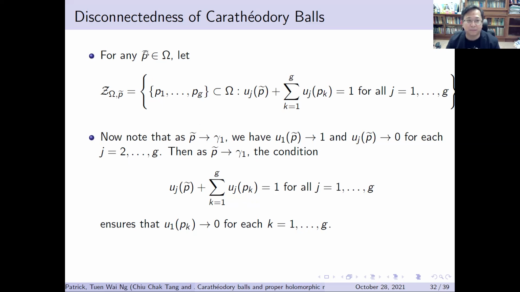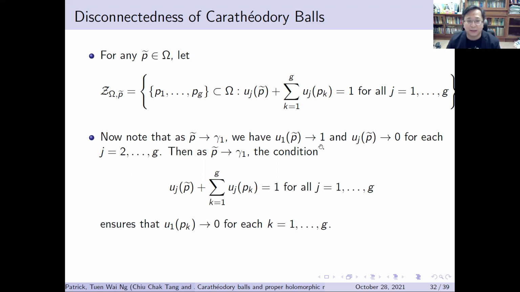If you let this p tilde tend to gamma 1, one of the interior circles, then from the harmonic measure u1, the value u1(p tilde) will tend to 1, and also all the other u_j(p tilde) will go to 0, just by the definition of the harmonic measure.